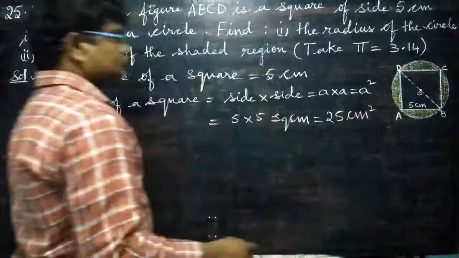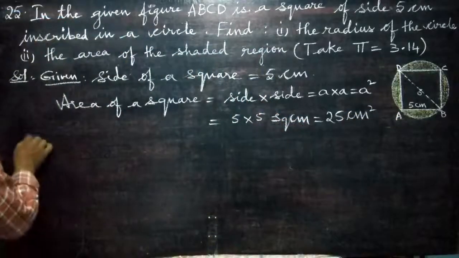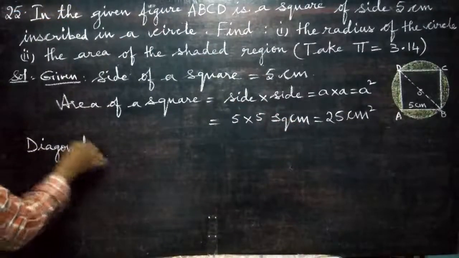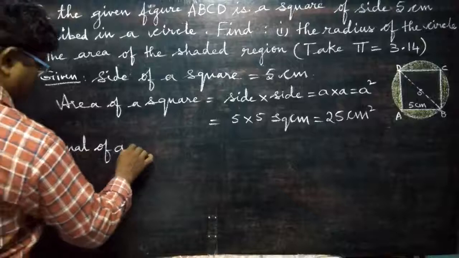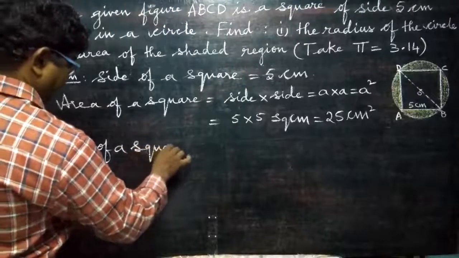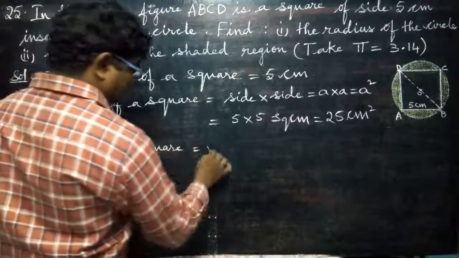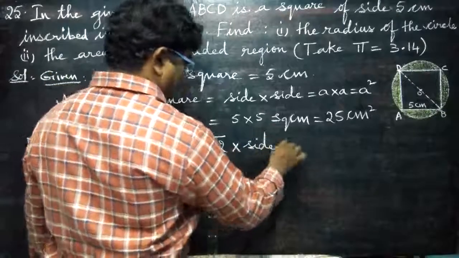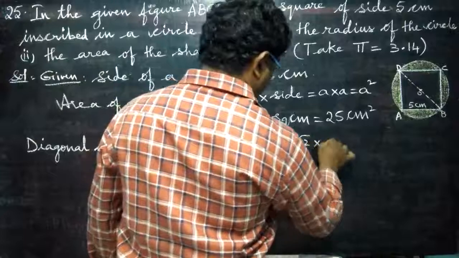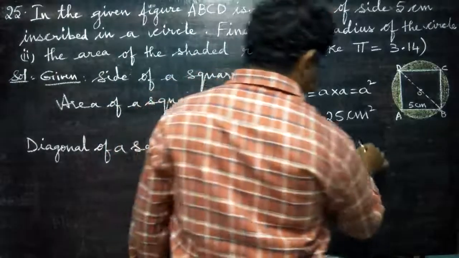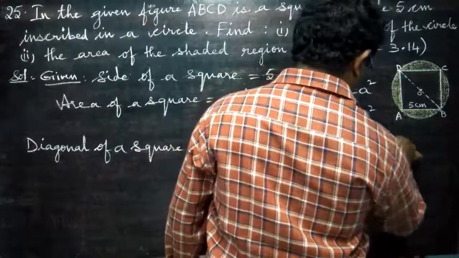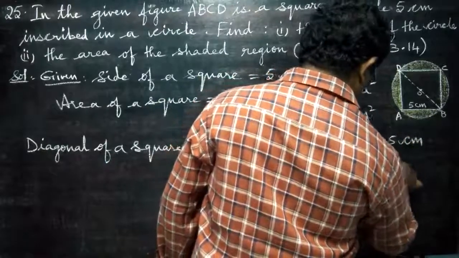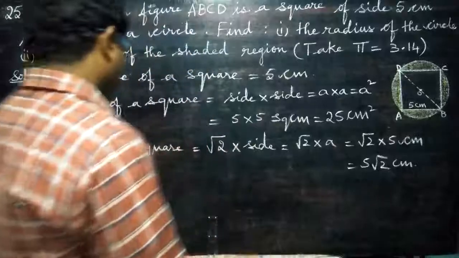Now find the diagonal of the square. What is the formula for the diagonal of a square? Root 2 into side, or root 2 into A, that is equal to root 2 into 5 centimeters, that is 5 root 2 centimeters.